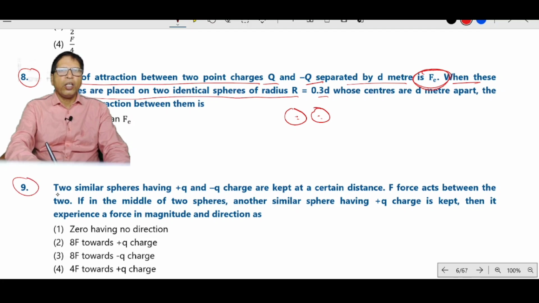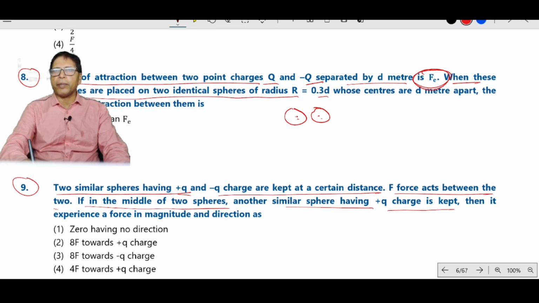Question number 9. Two similar spheres having charge q and minus q are kept at a certain distance. F is the force acting between the two. If at the middle of the two spheres, another similar sphere of charge plus q is kept, then what force of magnitude and direction does it experience? Here is charge q, here is charge minus q.